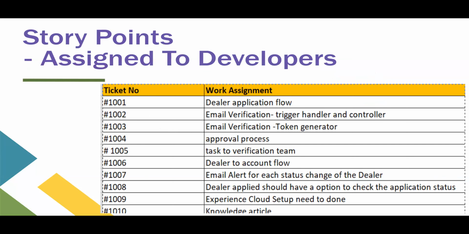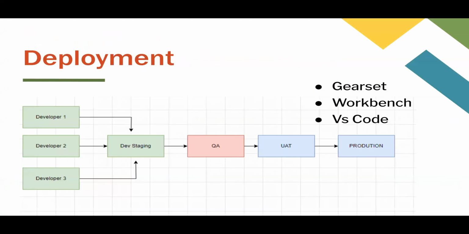Like one single member will have a ticket number, and all their activities and the status, everything will be followed by the ticket number in the Trello board. Next. Deployment, Kirti will continue.